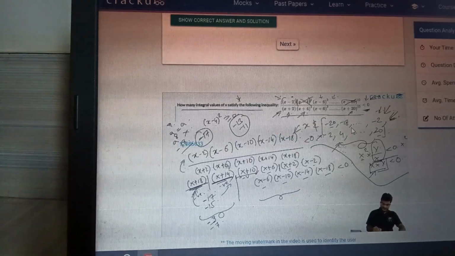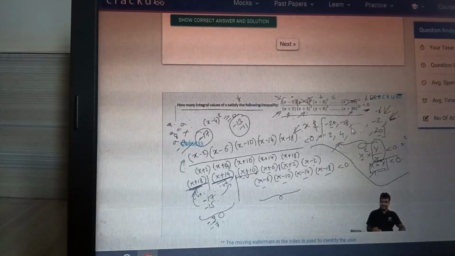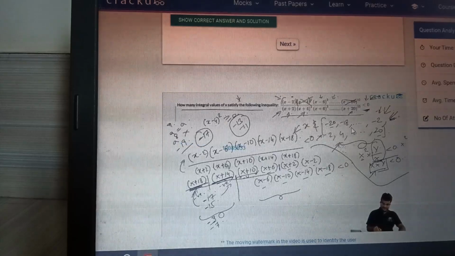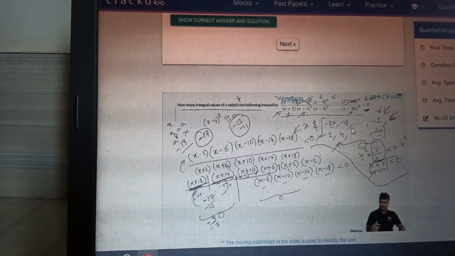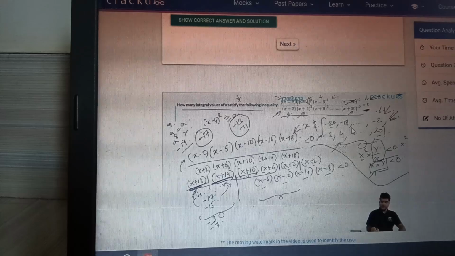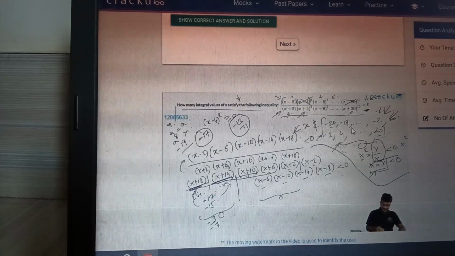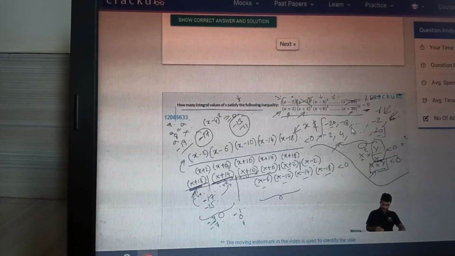In case of the numbers which lie between minus 6 and minus 2, there will be 4 numbers which will be positive and 6 numbers which will be negative. So again the overall product will be positive. Between minus 2 and plus 2, you will have 3 numbers. The 3 numbers are minus 1, 0 and 1.